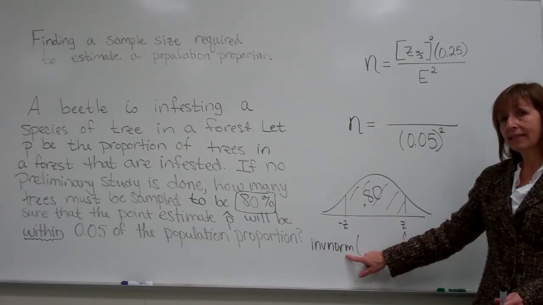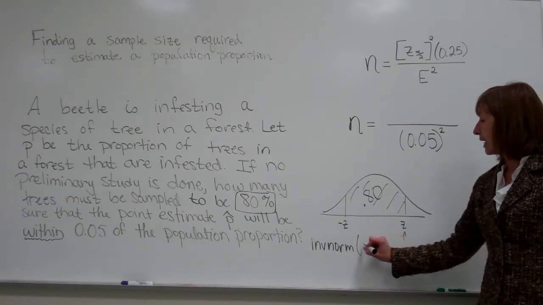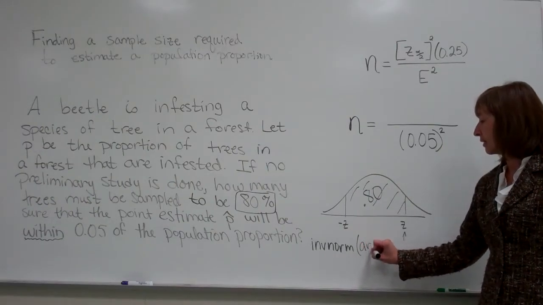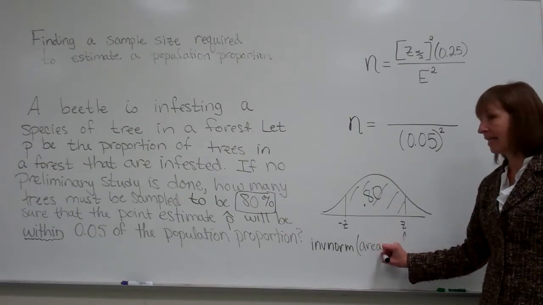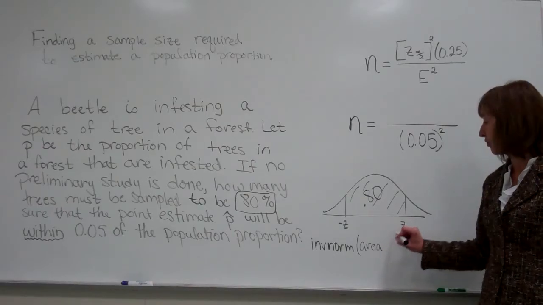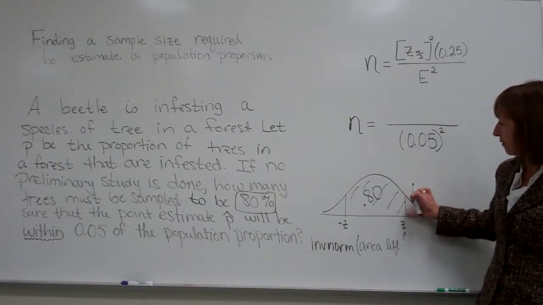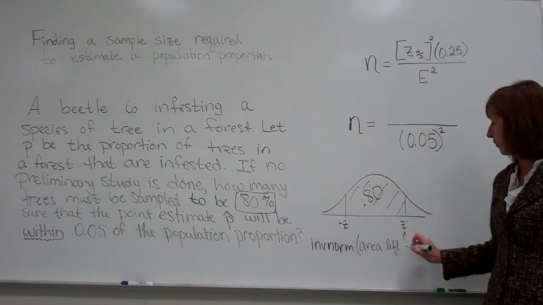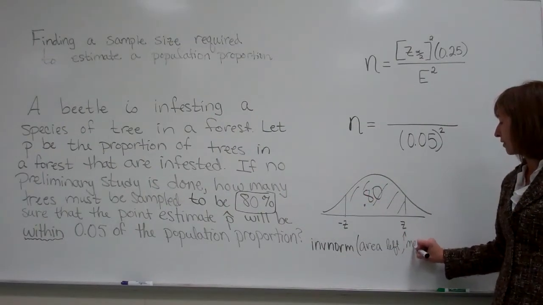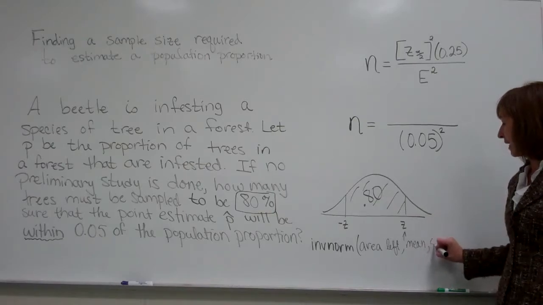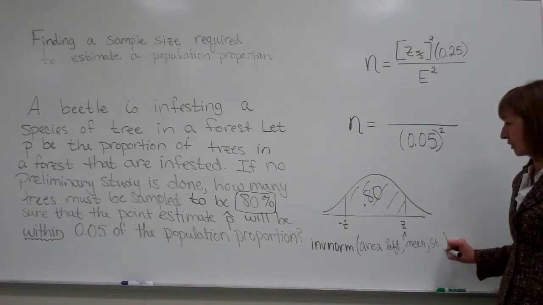Now the way that the syntax is for inverse norm, the programmers have written it so that it's expecting the area that's forever left of your critical value, comma, mean of your distribution, comma, standard deviation of your distribution.